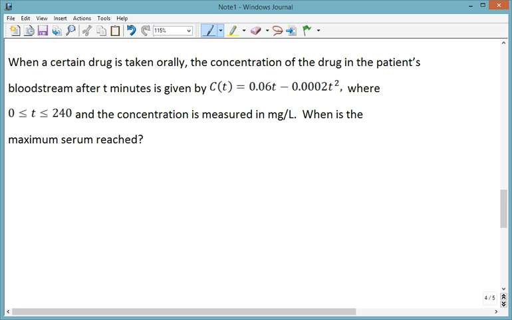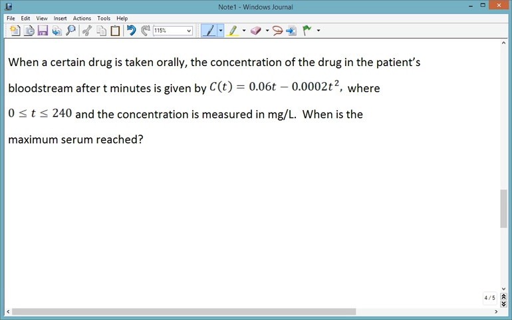And so by checking many people, they're able to get a formula that pretty closely approximates how much of the drug is in your bloodstream after t minutes. So this is a function in t, but t is working just like the x.